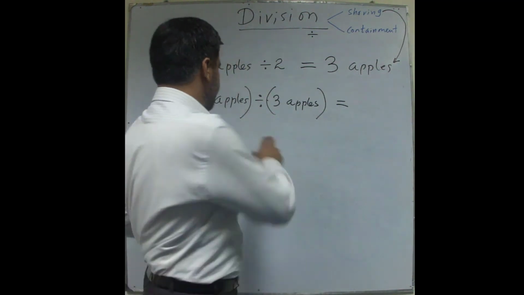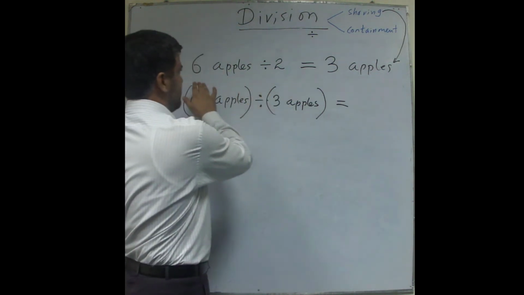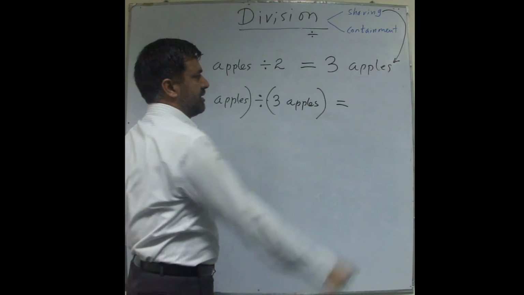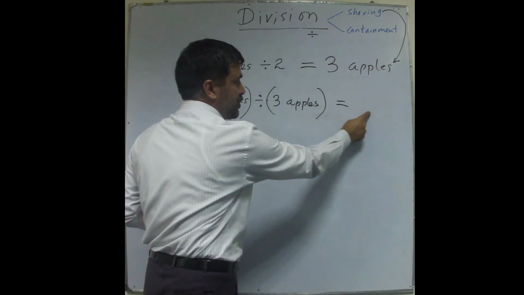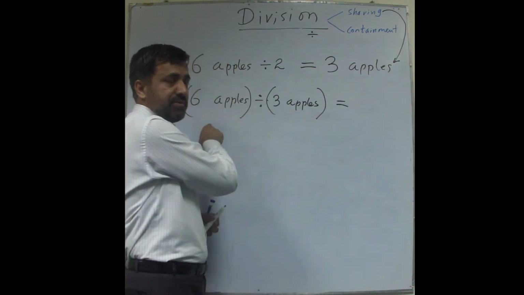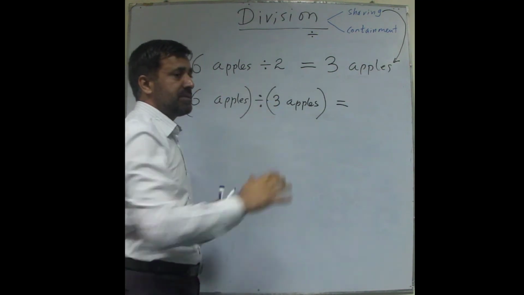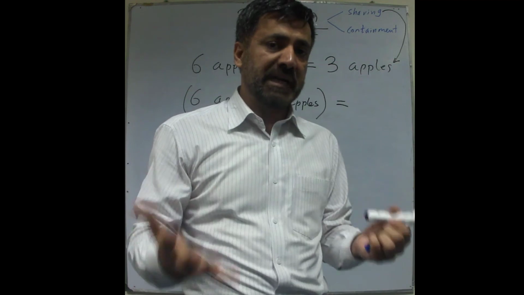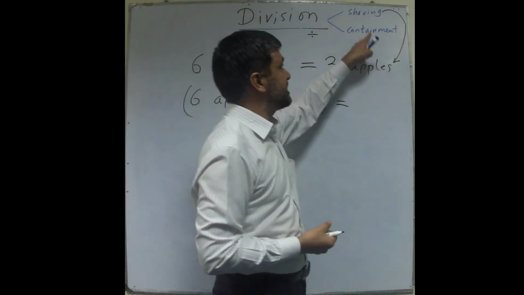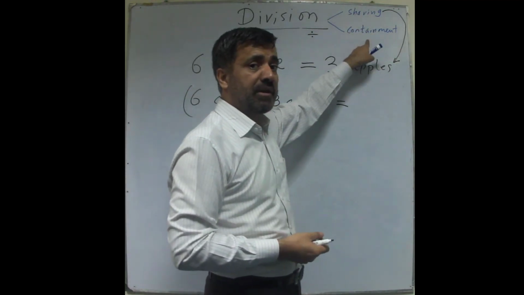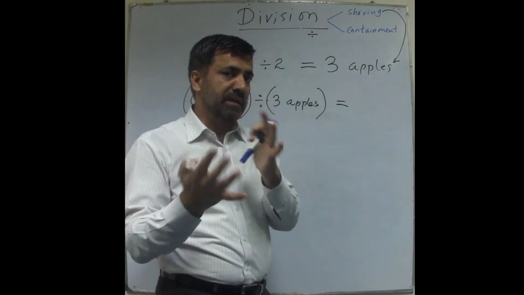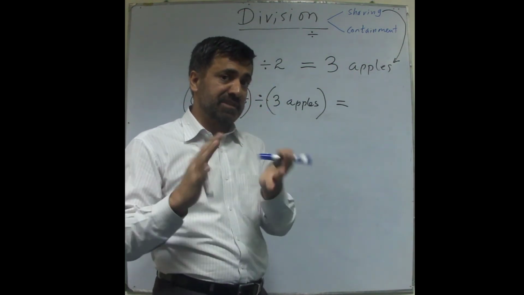2 groups. Because again, 3 times 2 is 6. Here, the only number I can have is 2, because 2 times 3 is 6. Why am I doing that? Because division is the opposite of multiplication. In each of these questions, whether I'm going with sharing or containment, I'm actually seeing something which reverses multiplication.